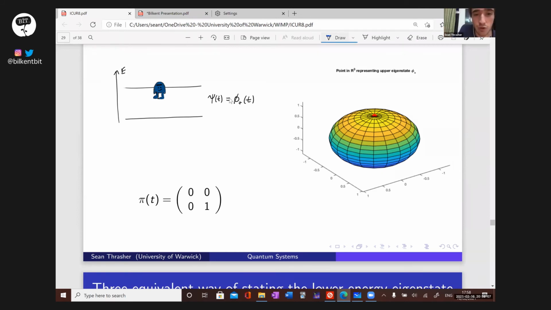If you recall, this is how we described it before, the traditional way. But you can just think of that as a point on the sphere, the North Pole.